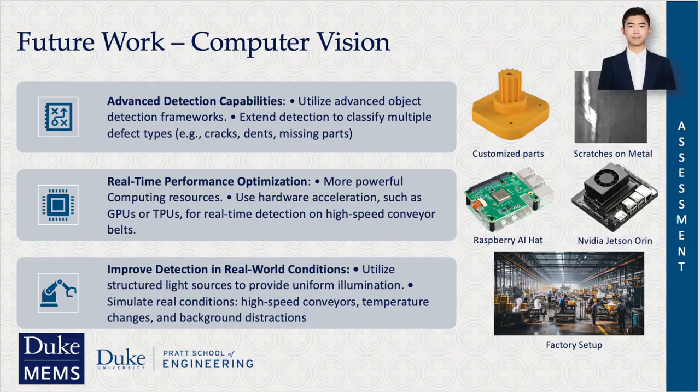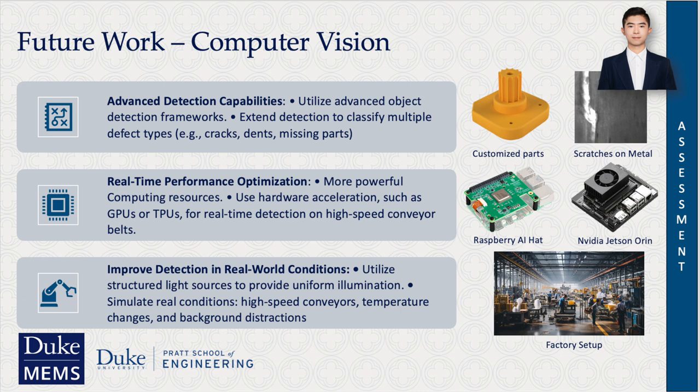So as far as the future work for the computer vision part, first we could use more advanced detection capabilities by utilizing advanced object detection frameworks or extend the detection to classify multiple defect types like stains, cracks, missing parts. We can go as large as identifying customized parts or as small as identifying even the scratches on metal surfaces.